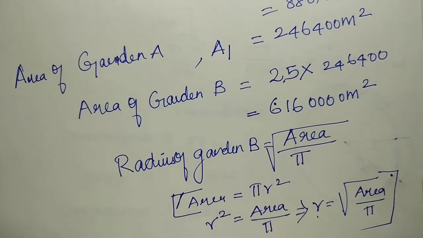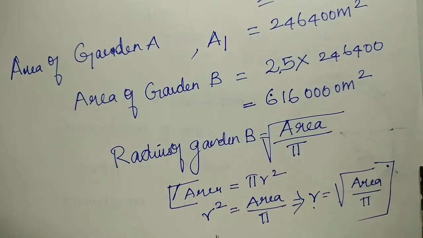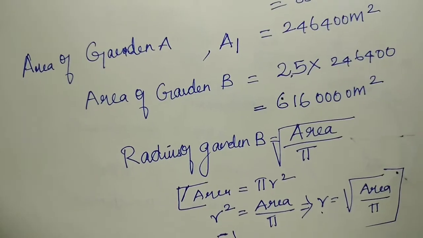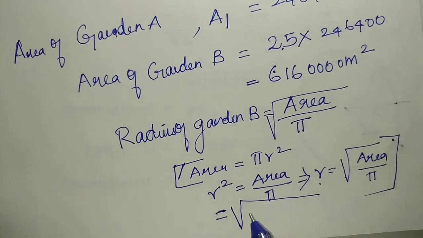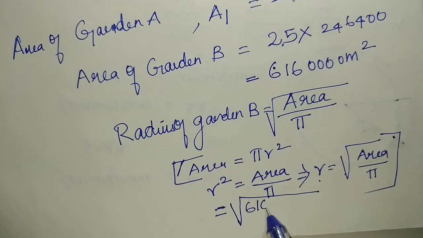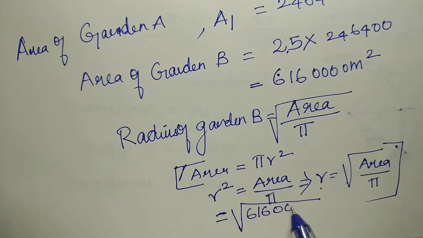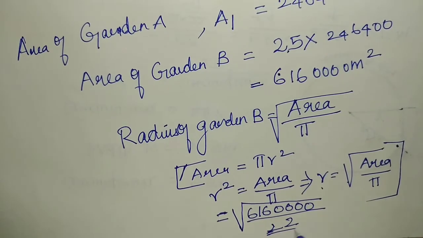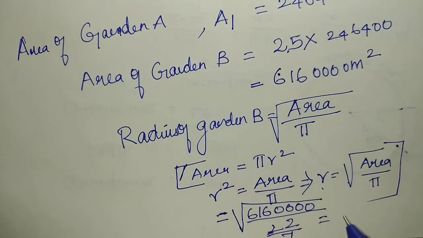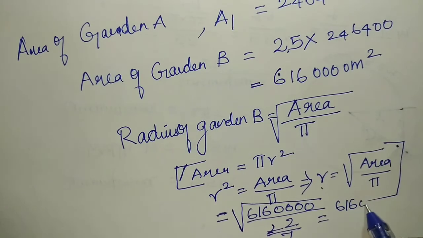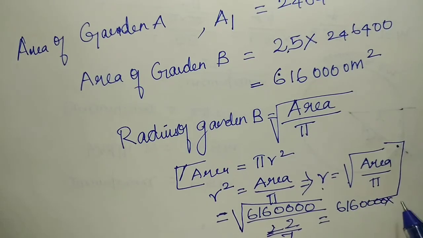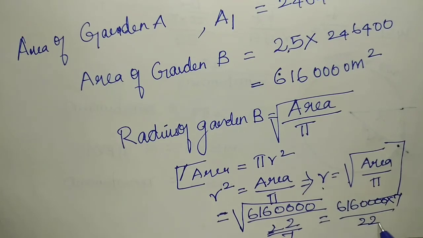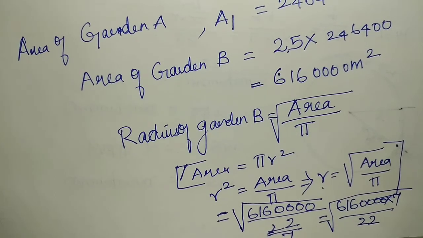Okay. So now what you have to find? Root of area. What is the area? 6160000 divided by pi value. What is pi? 22 by 7. So root of 6160000 into 7 by 22. What answer will you get?